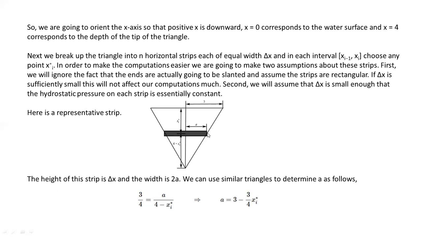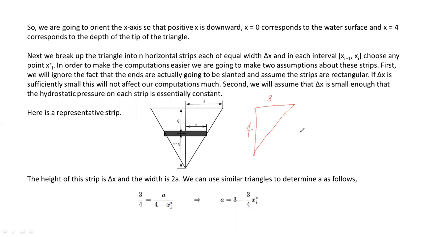constant. Okay? If we use the principle of similar triangles, let me annotate here, we will have a bigger triangle. You have a 3 and a 4 for this big triangle.